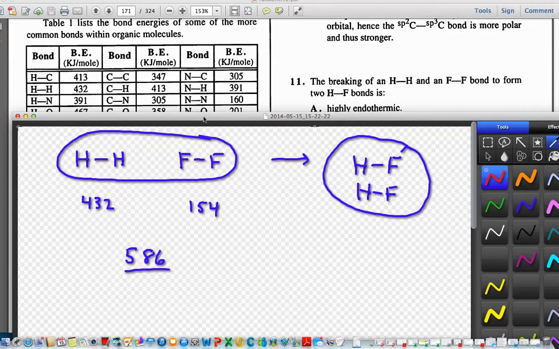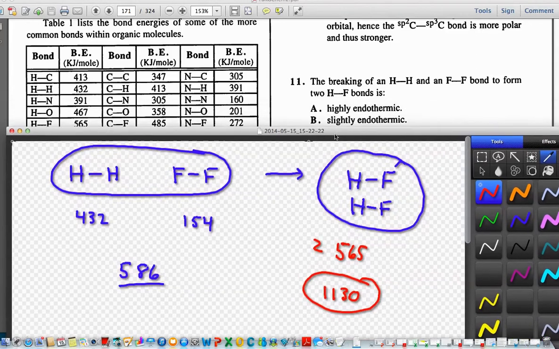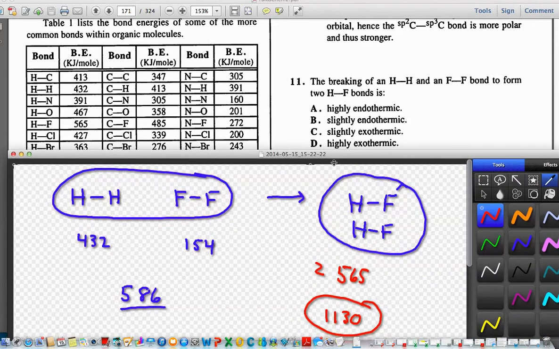HF, 565 times 2. That's going to be 1130. Way stronger. So, first of all, we know it's exothermic, so we can get rid of A and B, and it's pretty significantly more exothermic, so I would get rid of C as well, and I would choose D for number 11.